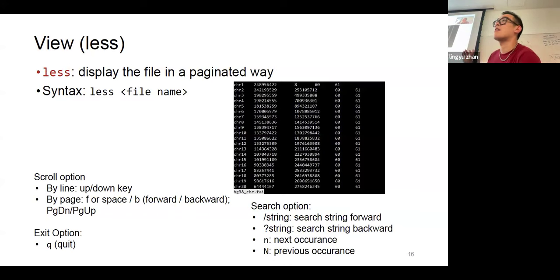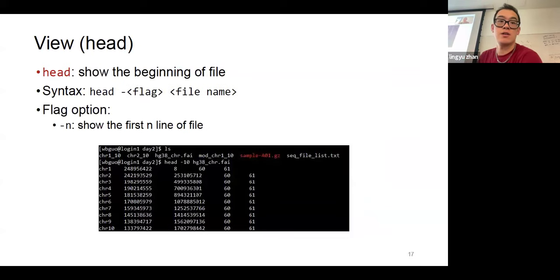Okay. Has everyone tried the example? Okay, so the next two commands are about how we can look at part of a file without actually opening it. The scenario is that maybe you get a new file from your collaborators, like a sample manifest or a phenotype file.